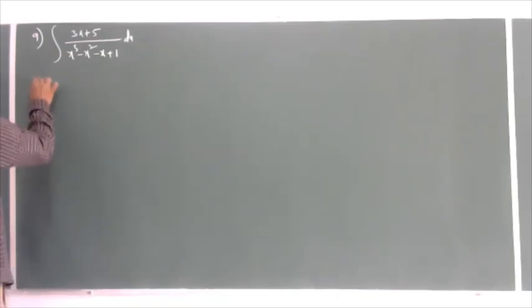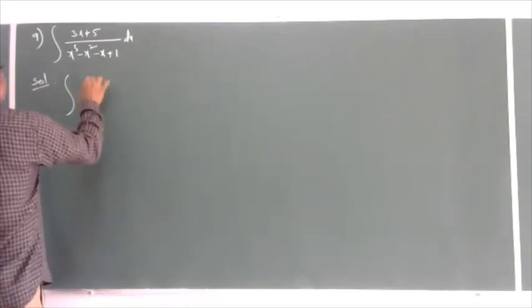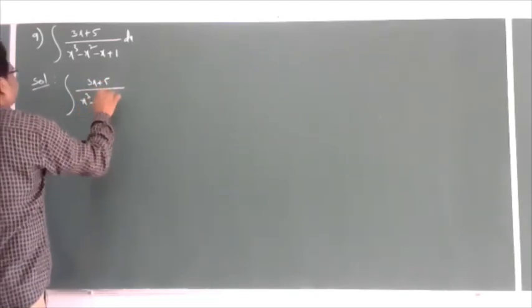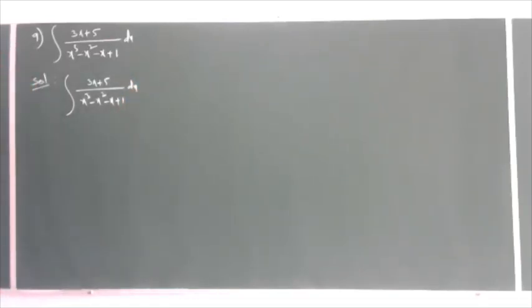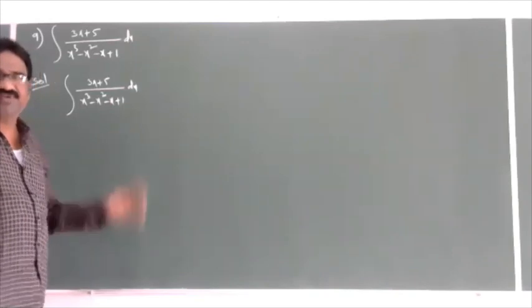Solution. The integral of (3x plus 5) by (x cube minus x square minus x plus 1) dx can be resolved into partial fractions. The given function is a proper fraction.